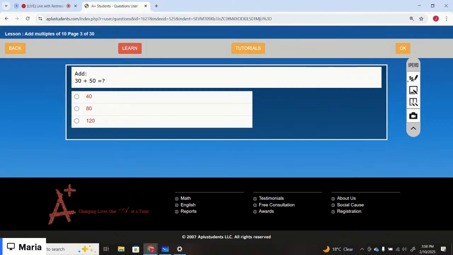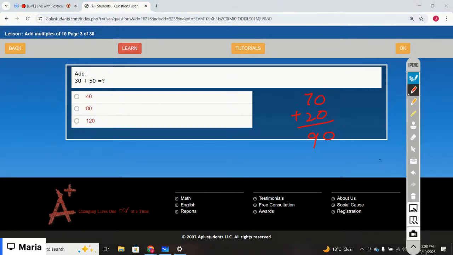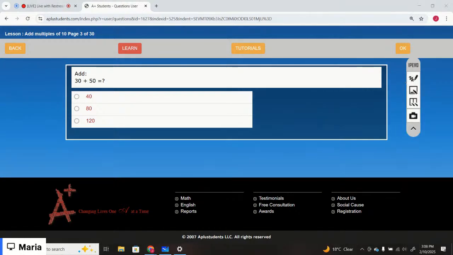You have to start adding from the ones digit. The ones digits are 0, so 0 plus 0 is 0 and 5 plus 3 makes 8. So 50 plus 30 makes 80. Option number 2 is the correct option.